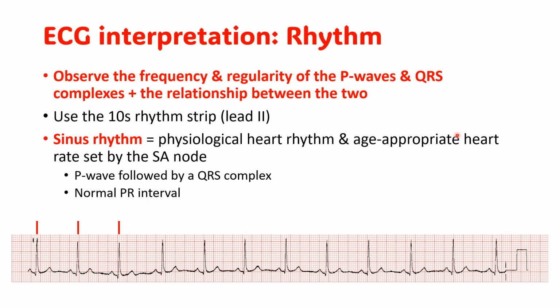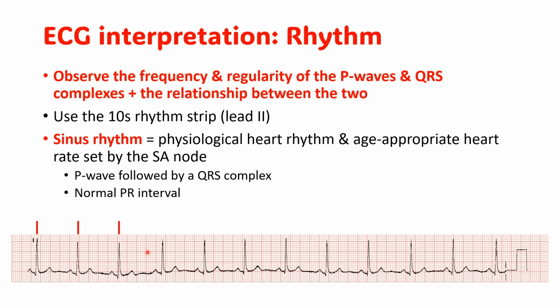Okay. And when we talk about rhythms, we can have a regular rhythm, a regularly irregular rhythm, or a rhythm can be irregularly irregular. On this rhythm strip at the bottom here, we have 3 red lines.